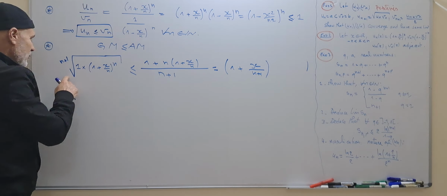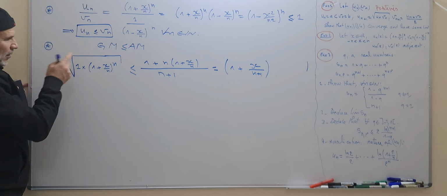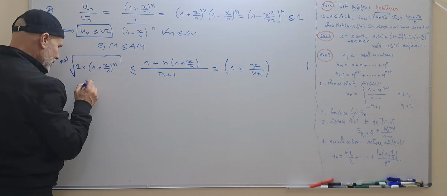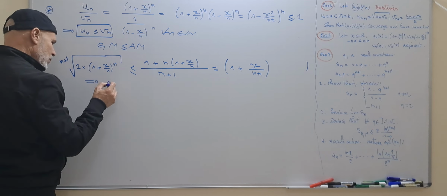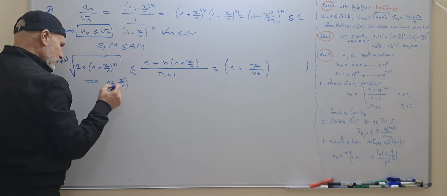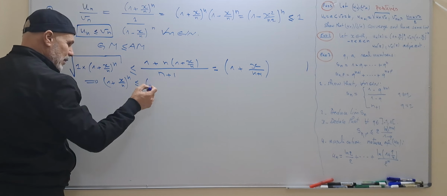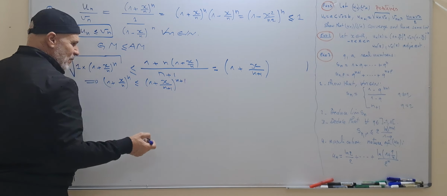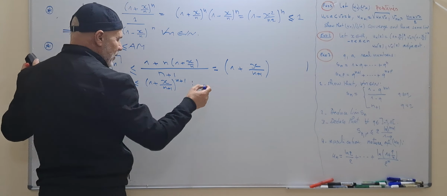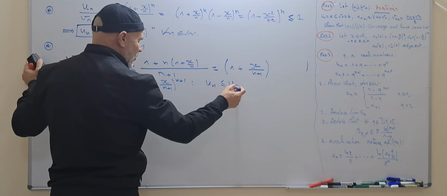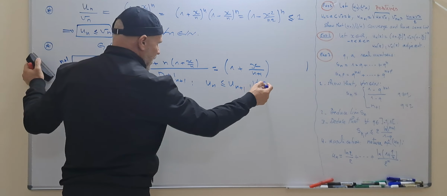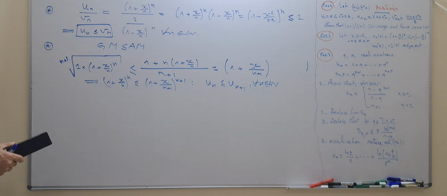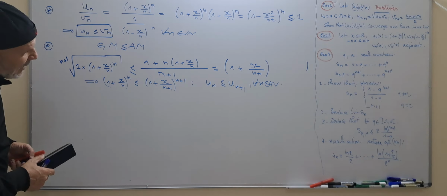If we take the power n plus 1, we get 1 plus x divided by n, power n, less than or equal to 1 plus x divided by n plus 1, power n plus 1. This means that Un is less than or equal to Un plus 1 for all n in N. This means that Un is non-decreasing.